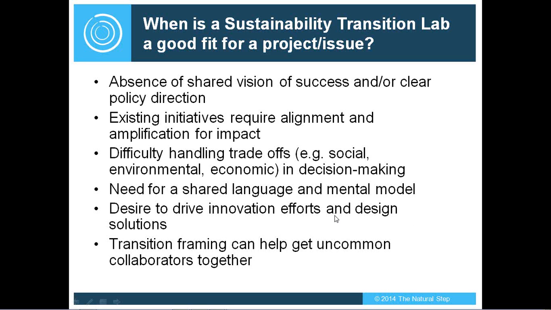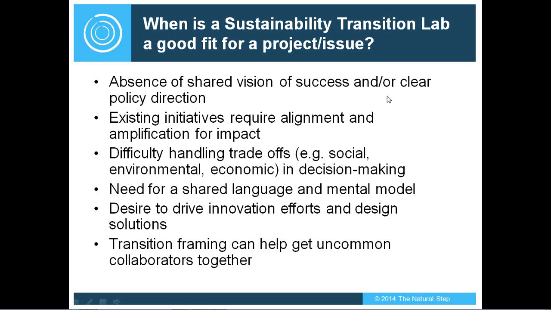This speaks a little to the Natural Step backcasting approach that is baked into the Sustainability Transition Lab, because it's designed to help groups handle trade-offs and plan from a basis of success, instead of constantly weighing the pros and cons of every issue in a way that feels like you're always dealing with trade-offs.